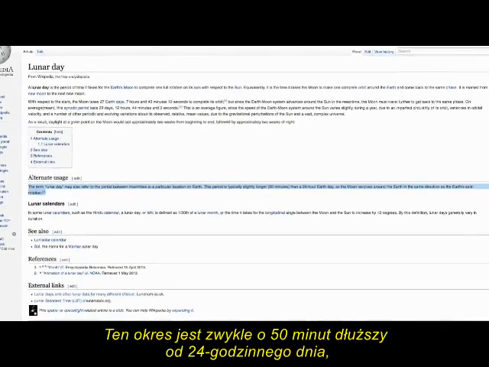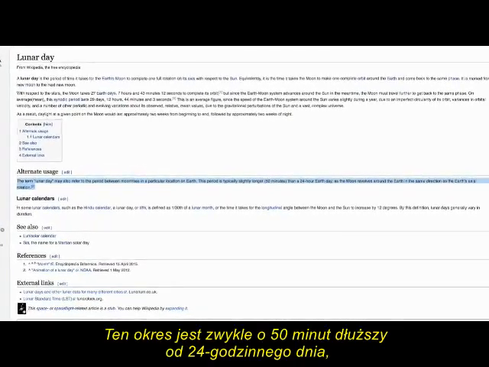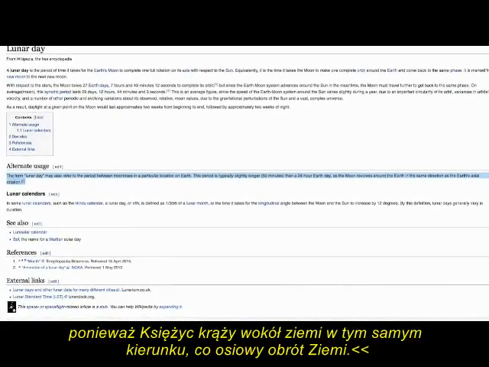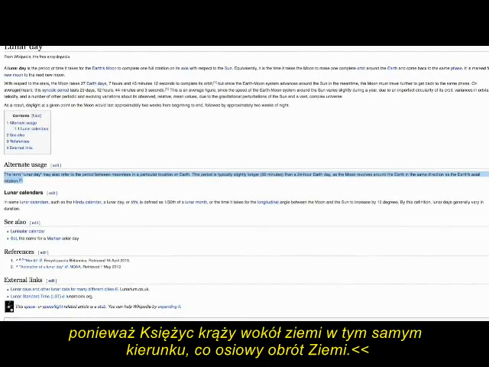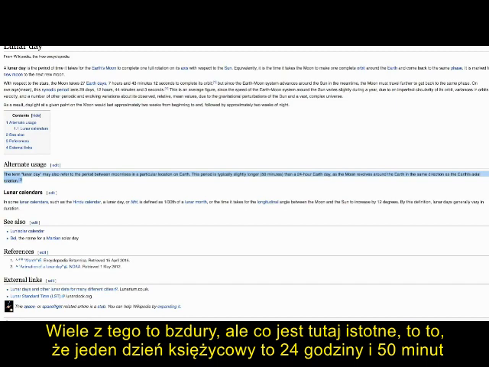This period is typically slightly longer, 50 minutes, than a 24-hour Earth day, as the moon revolves around the Earth in the same direction as the Earth's axial rotation. Now, a lot of that is bullshit, but what is important here is that it says one lunar day is 24 hours and 50 minutes.